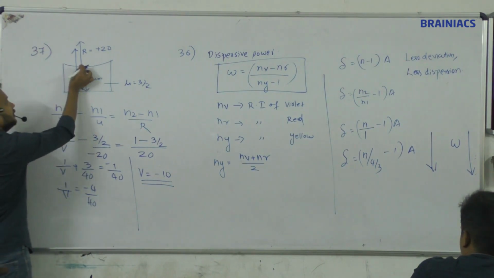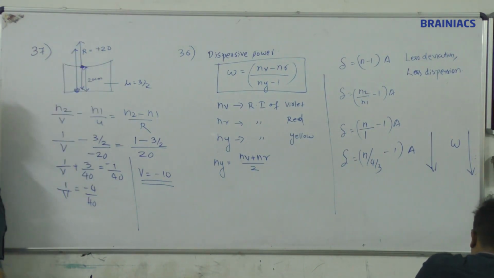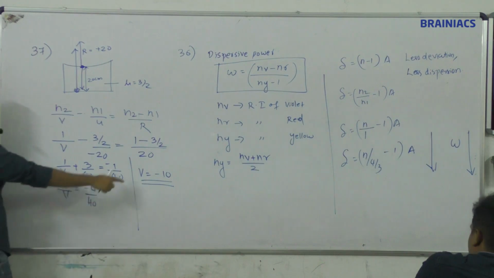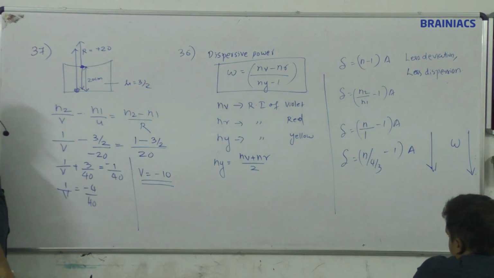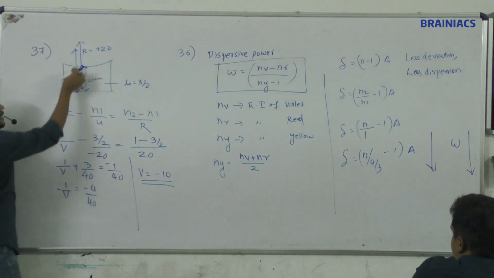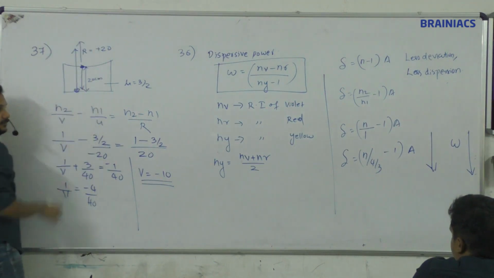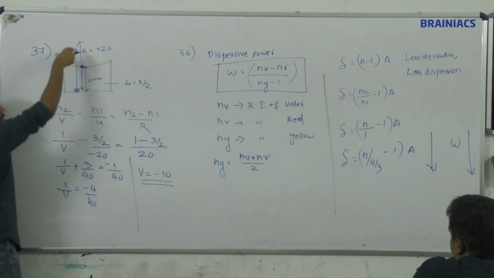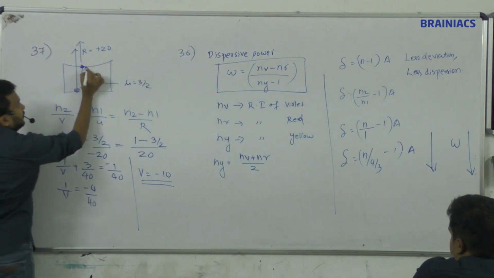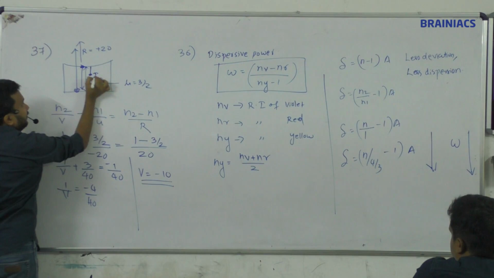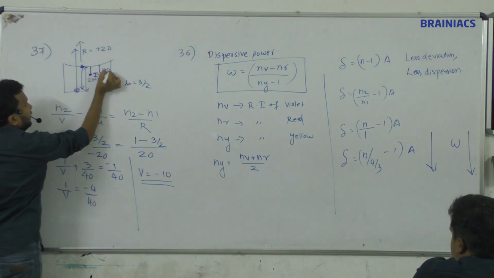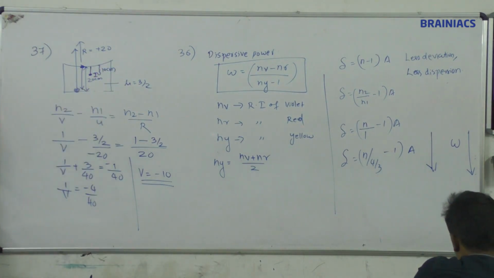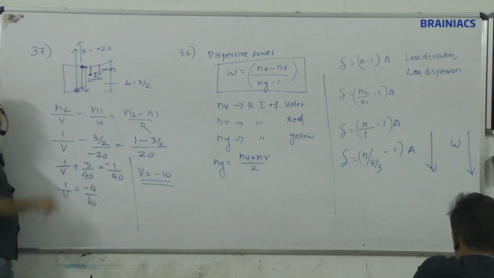V is equal to minus 10 means above or below? Where will the image be formed? V is equal to minus 10 centimeter, going above or below? Going above is the positive direction, right? Going below is the negative direction. So the image will be formed here. So this distance from here is 10 centimeter, 10 centimeter from the center to the down position.